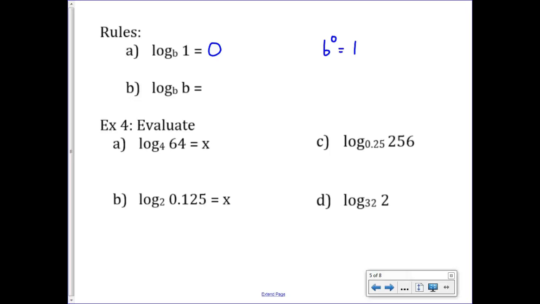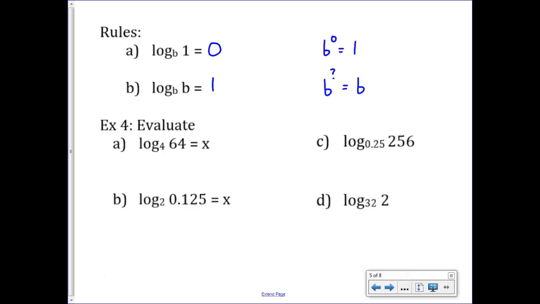So anytime you have a 1 there, log of 1, no matter what base it is, it's going to equal 0. Let's see if we can problem solve through this. We have b to some exponent is going to equal b. Well, that exponent then we know would have to be 1. So log of b base b is 1.